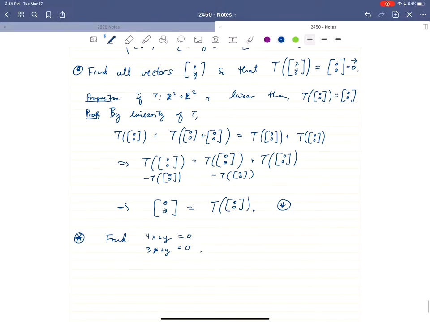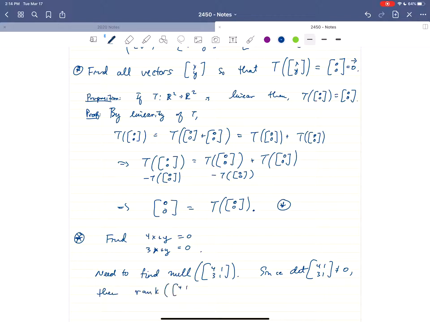So really we need to find the null space of the matrix 4, 1, 3, 1. And since the determinant of the matrix 4, 1, 3, 1 is not 0, that means that the rank of 4, 1, 3, 1 is 2.